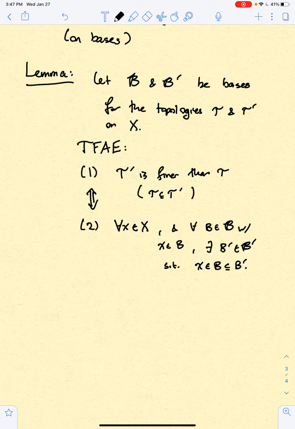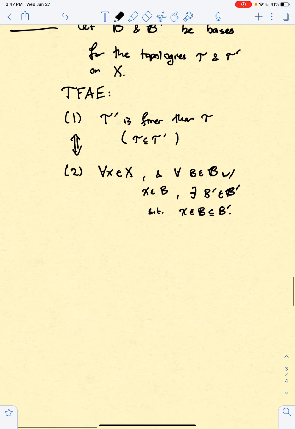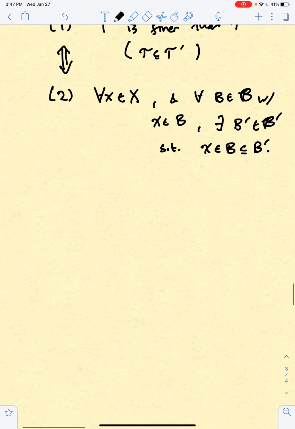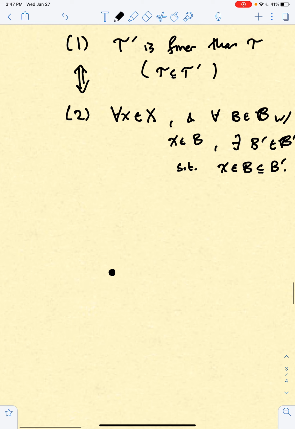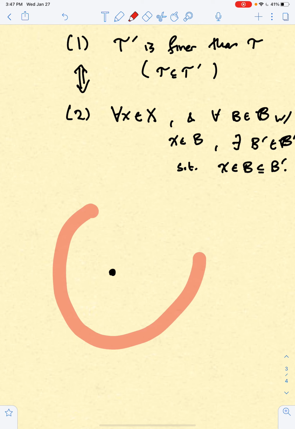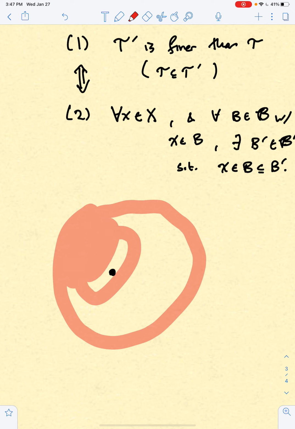The proof of this is relatively straightforward. I'd actually suggest trying to work through it on your own. But what I want to show is specifically that example I was just doing. So let's look at my one basis of opens.